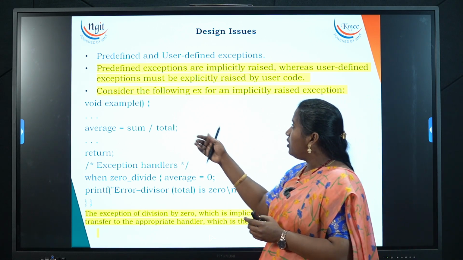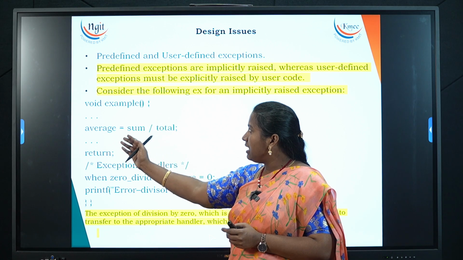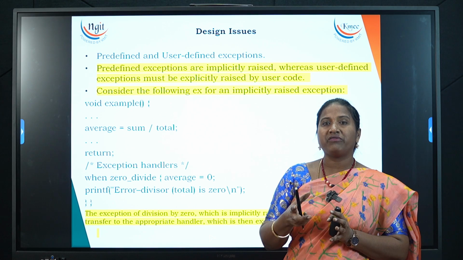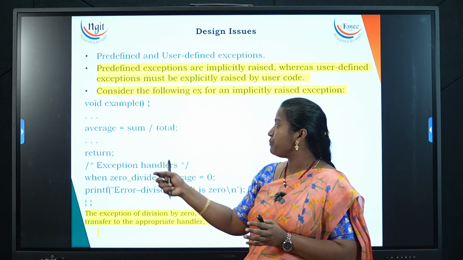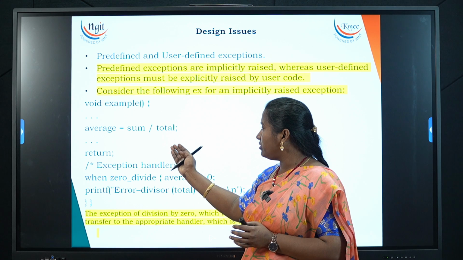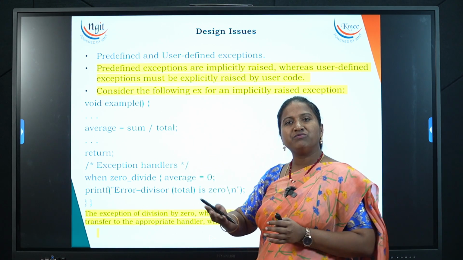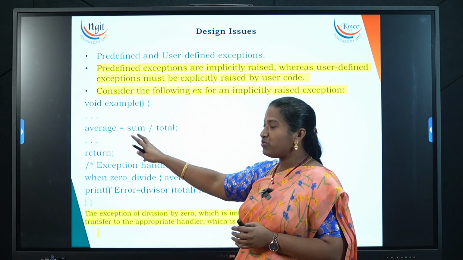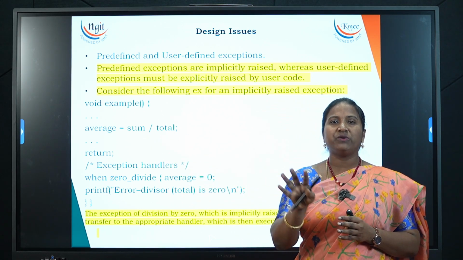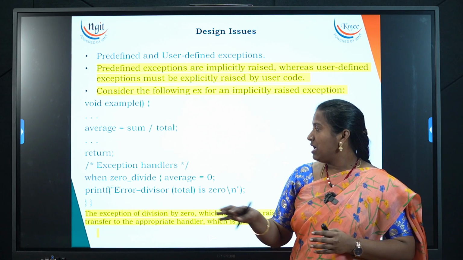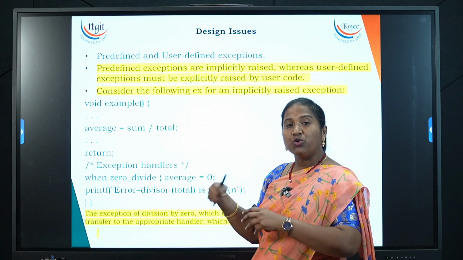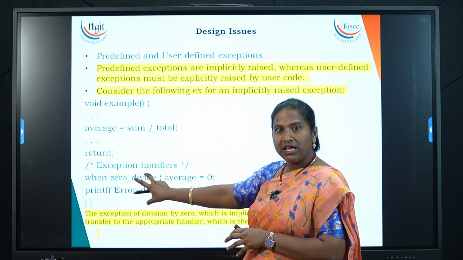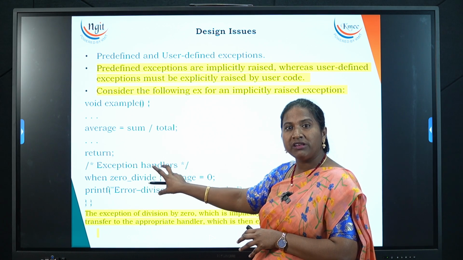Look at this example, void example. I am just taking this statement. We say this is unit level or subprogram level handling of exceptions. Average is equal to sum by total. So when total becomes 0, there will be an unusual event. It throws an exception. Now how to handle this exception? To handle the exception, I am writing a segment which I am calling the exception handler.